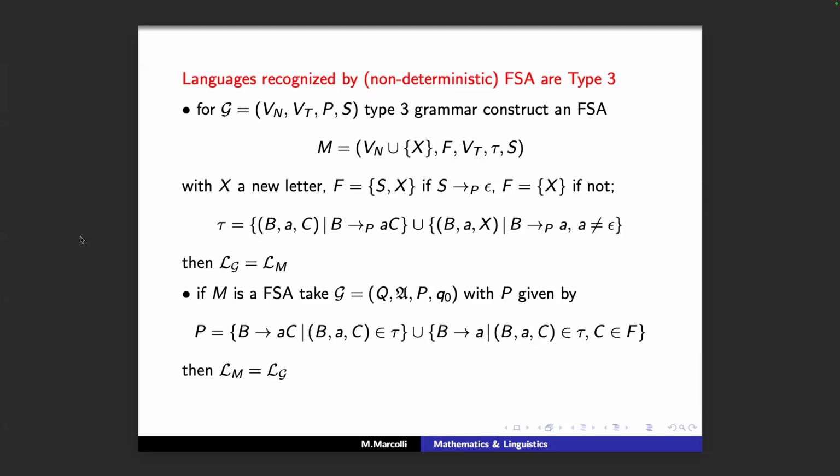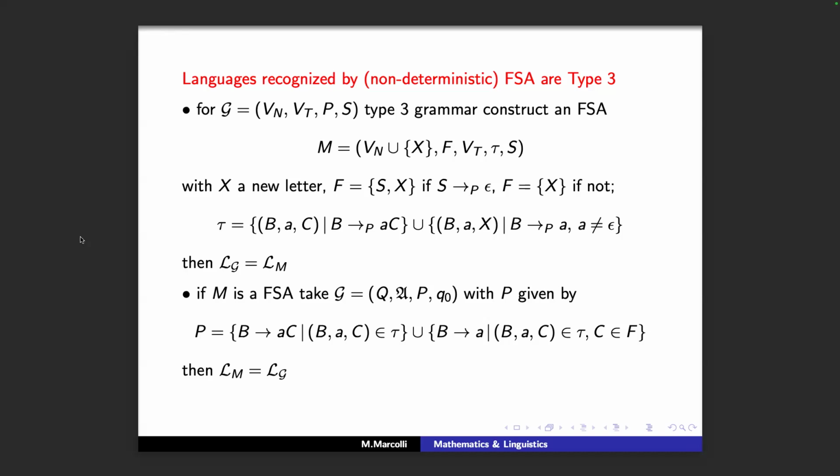So if you take the vertices of your graph to be given by these non-terminal symbols and a final state, then whenever you have a production rule that involves two non-terminals and a terminal, you have an arrow labeled by that terminal, and if you have something that just ends at the terminal, you just have an arrow that takes you to the final state.